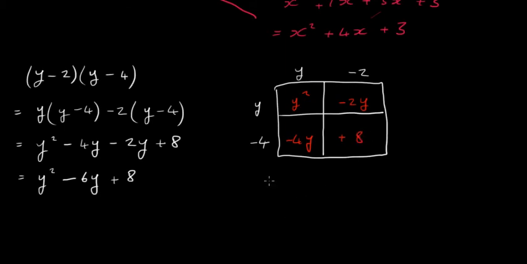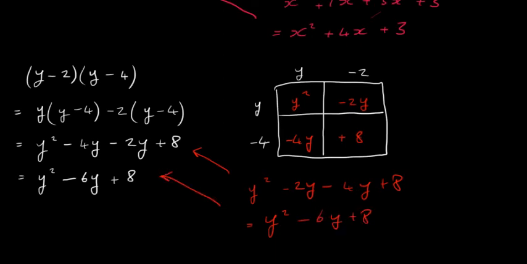So when you write that down, we've got y squared minus 2y minus 4y plus 8, exactly the same as this here. y squared minus 6y plus 8, same answer.